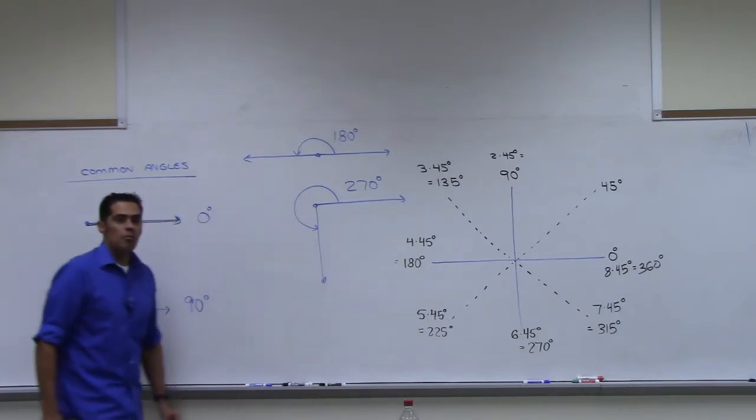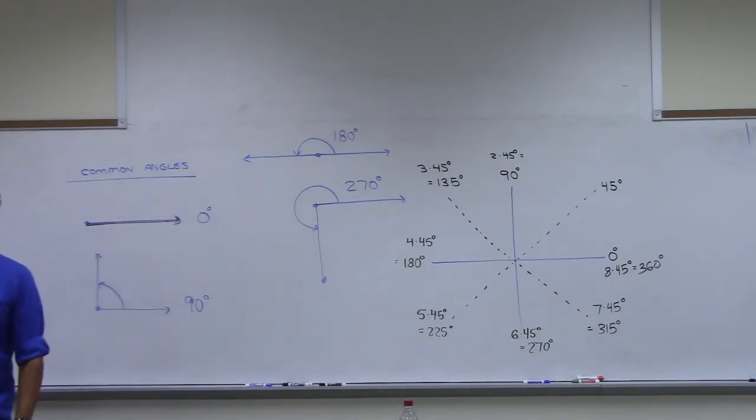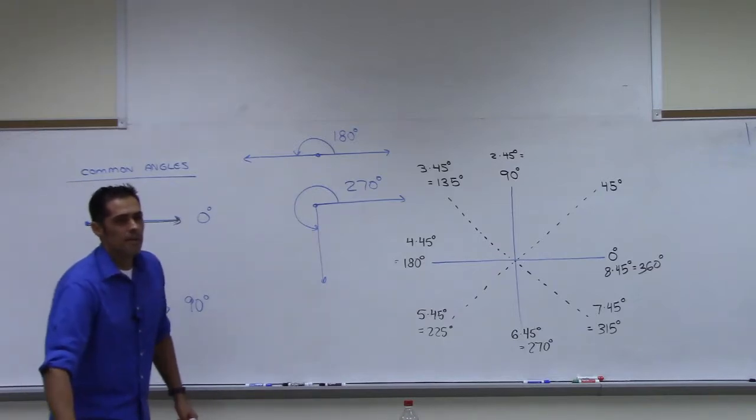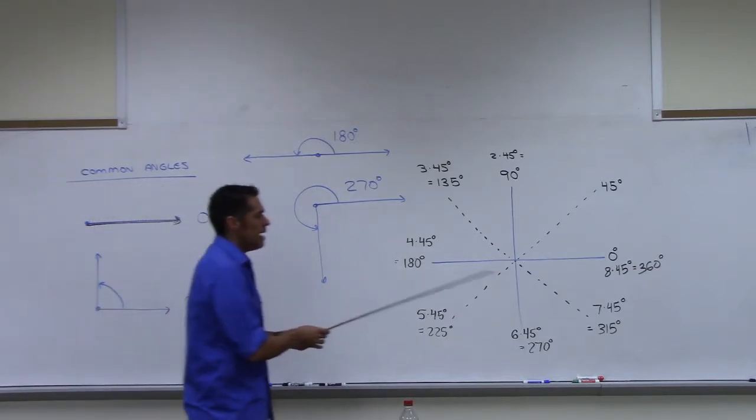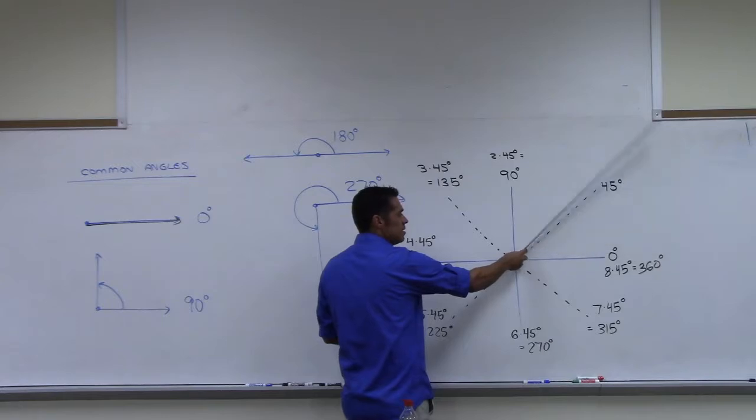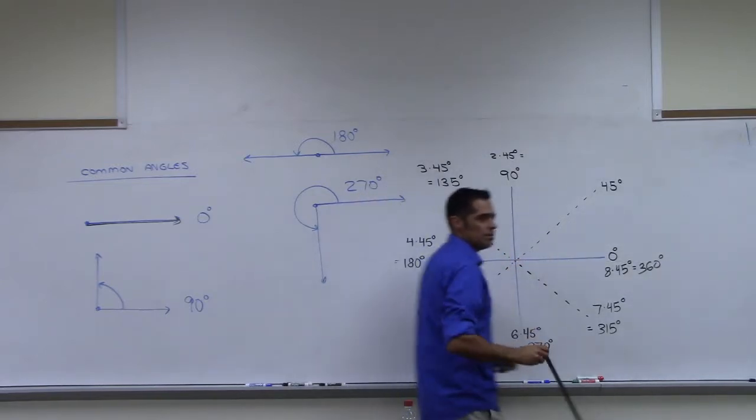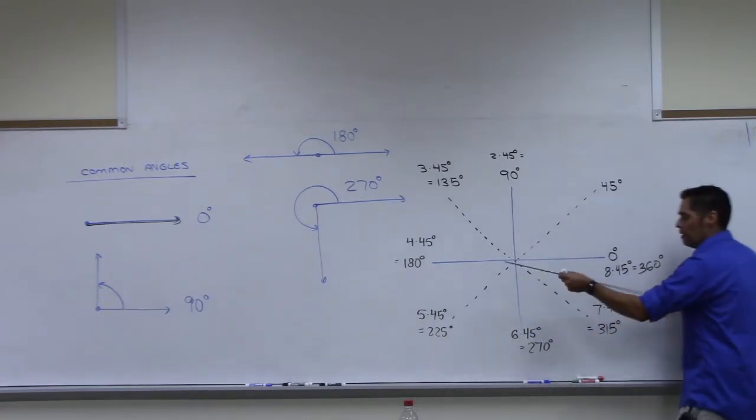All right. So what if I were asking you now to show me where negative 135 was? The angle negative 135. So positive angles are counterclockwise, and negative angles are clockwise. So all you'd have to do is what?